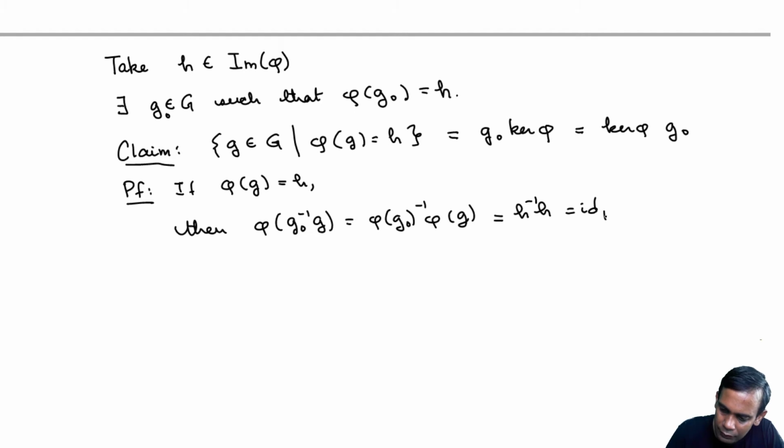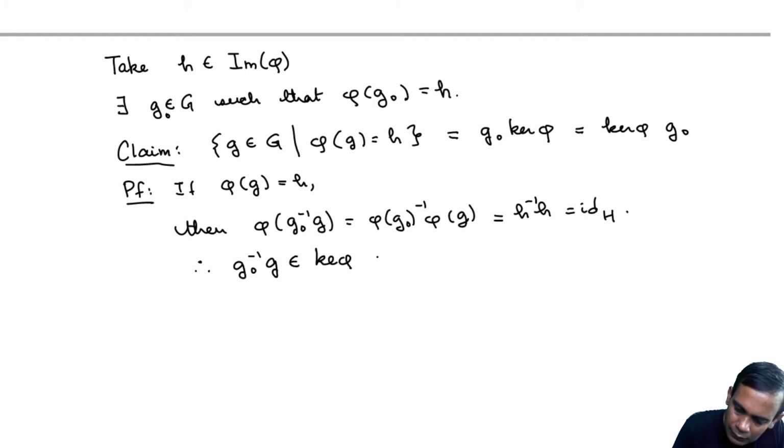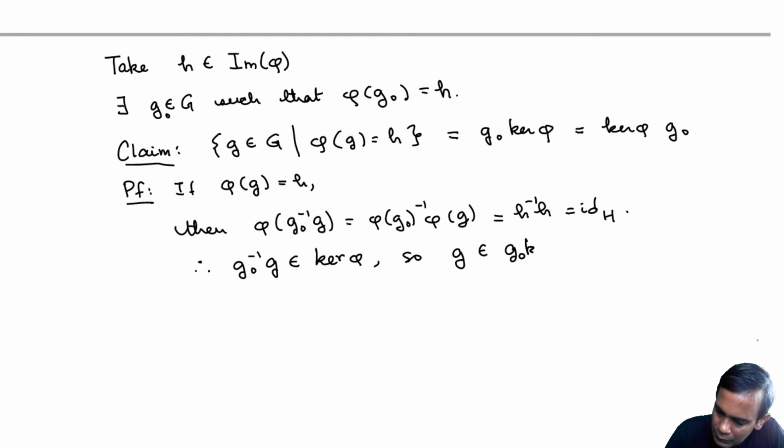So this is the identity of H. Therefore g0 inverse g belongs to the kernel of phi, and hence g belongs to g0 times kernel of phi.